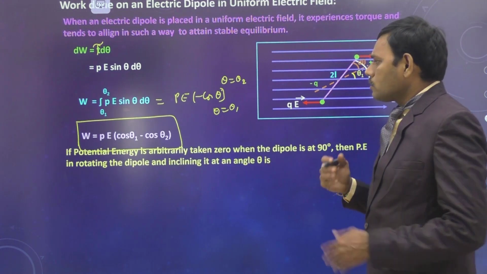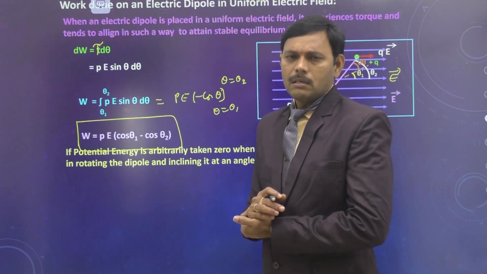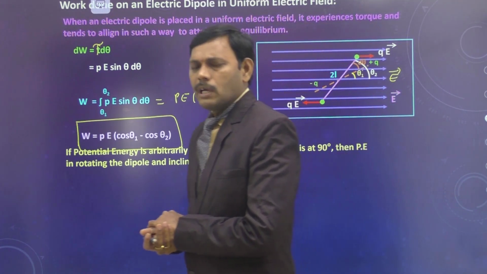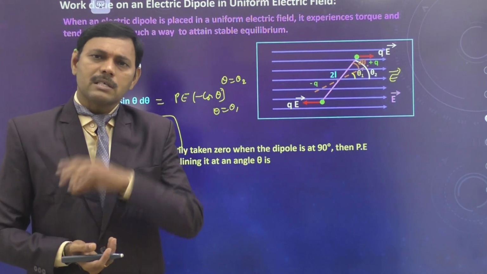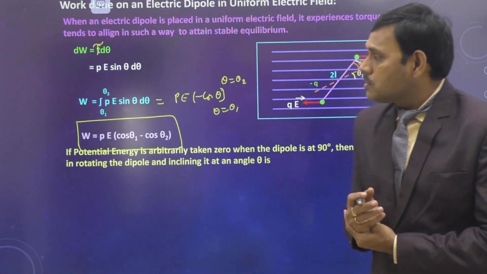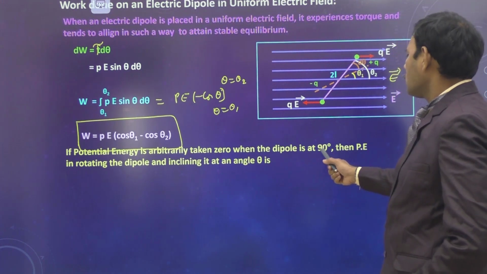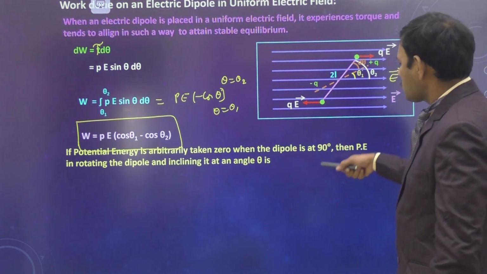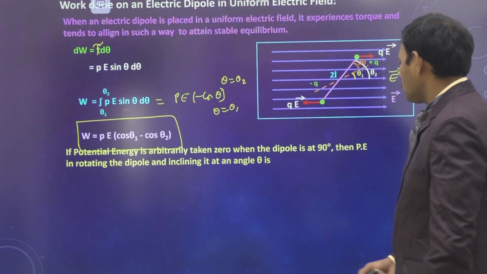To get the potential energy of the dipole at any arbitrary angle theta in the given uniform electric field, initially we have to consider a zero work point. That is when the dipole is at 90 degrees, cos 90 is 0, so potential energy is considered to be 0 at 90 degrees.